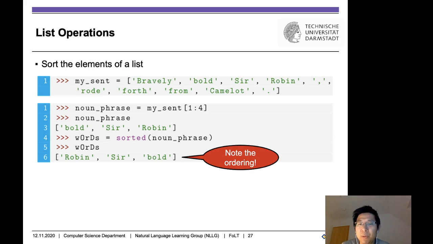And you'll get the result like this: "Robin", "Sir", and "board". And notice that "board" is on the right side of "Robin" and "Sir", because the computer will first translate all the characters into ASCII code, and in ASCII code, you will see the lowercase characters have a much higher number than the uppercase characters.